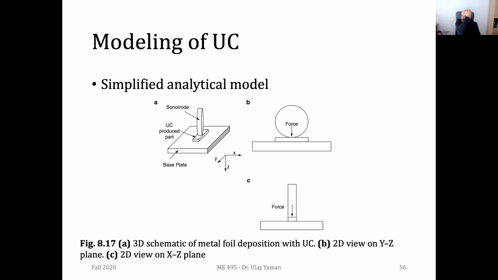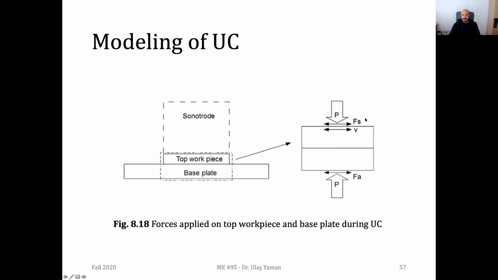So let's have a look at a simple analytical model. We have our sonotrode. We have the part underneath. This is our base plate. And we said, if you remember, that we need to apply force to have the welding between the layers. So this is the free body diagram of the parts.